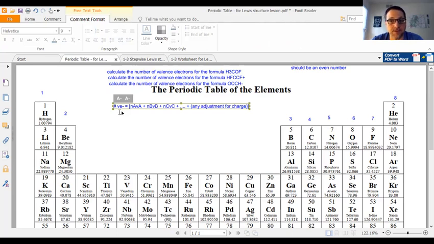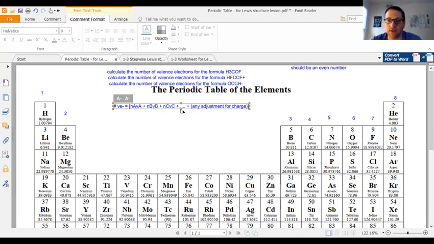The number of valence electrons is equal to however many atom A's there are in a given formula times the column number of atom A, plus however many atom B's are in the formula times the column number of atom B, whether it's fluorine or boron, plus however many of atom type C there are times the column of atom C, plus however many atoms you have.